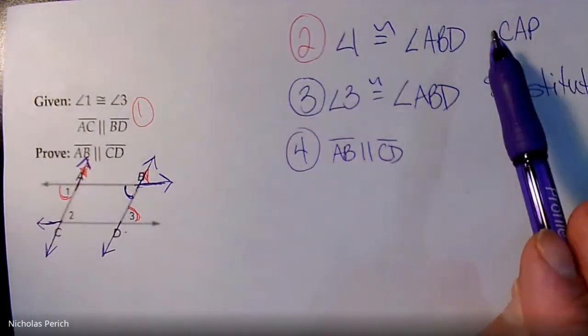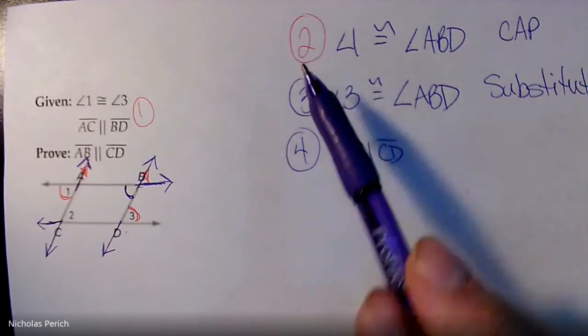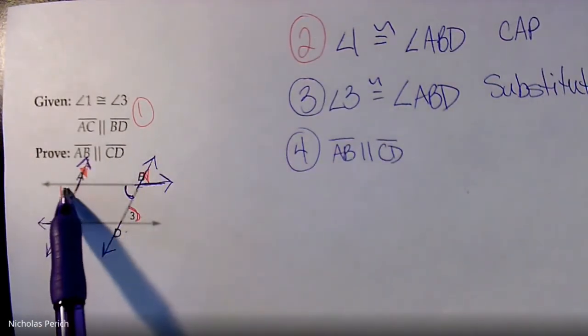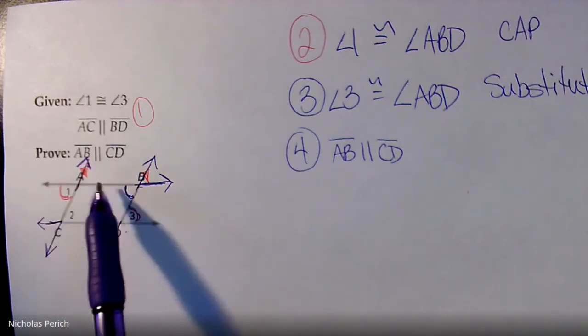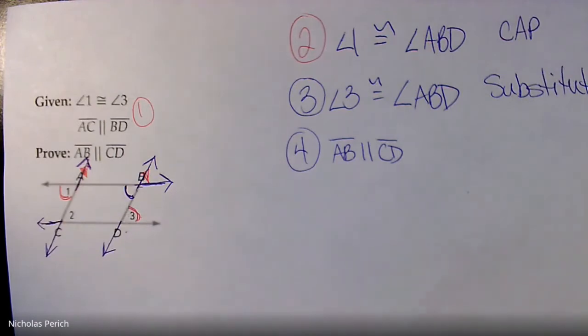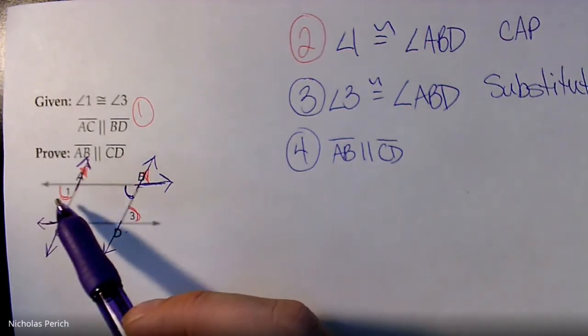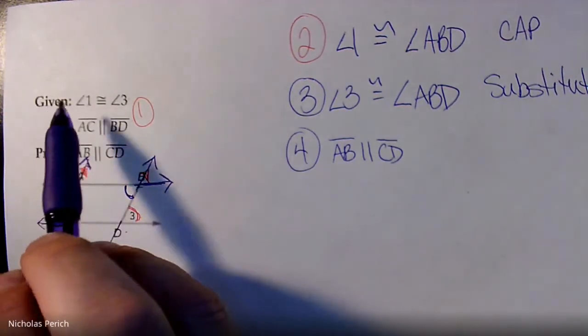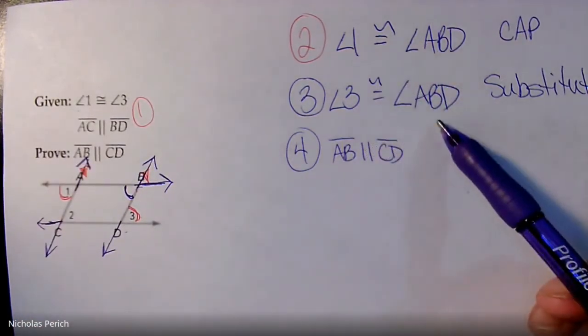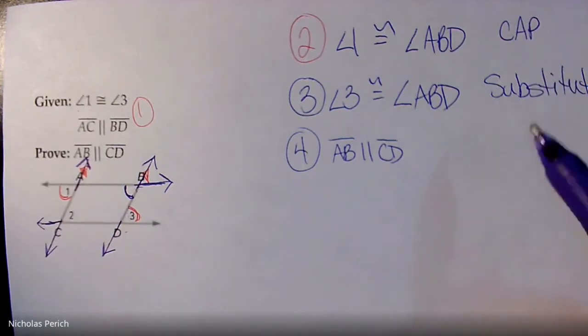Step 2 is I said that since these two guys are parallel, then these guys are going to be congruent to each other. So angle 1 and angle ABD. Now, if angle 1 is equal to ABD, and angle 1 and angle 3 are the same thing, then angle 3 is going to be ABD, and that's substitution. Or I guess I could have used transitive property. Maybe I'll turn that into transitive property when I get there.